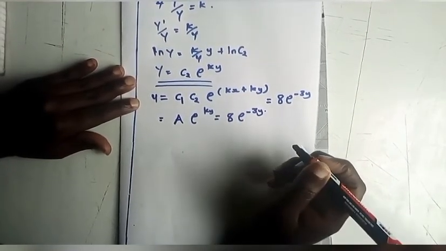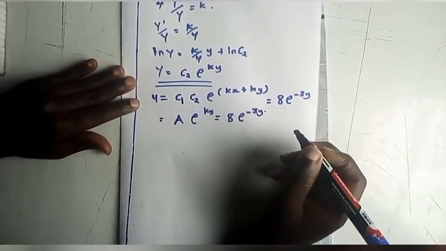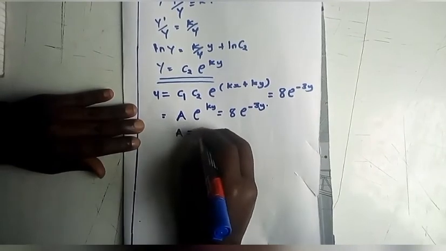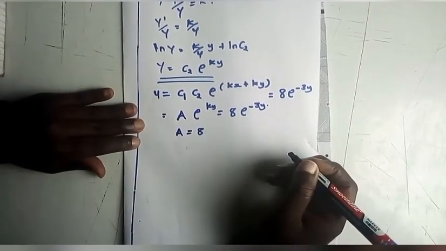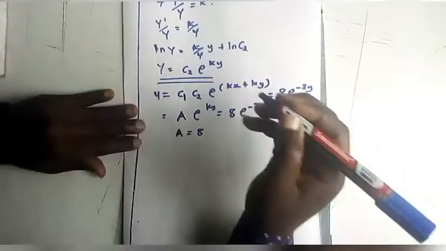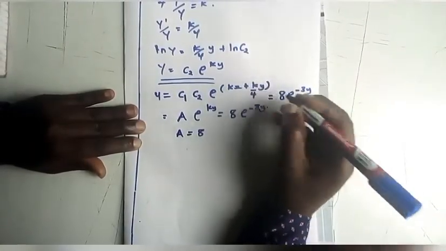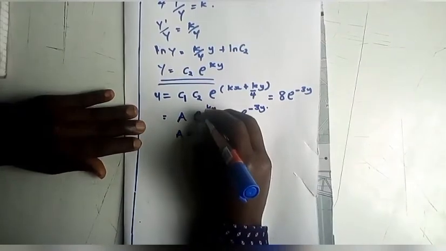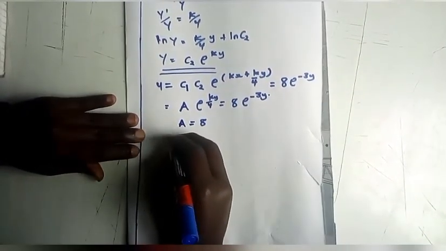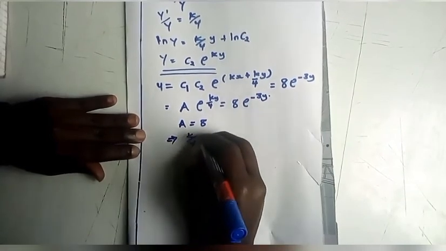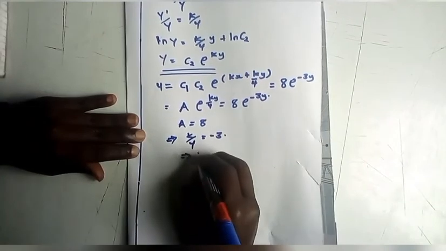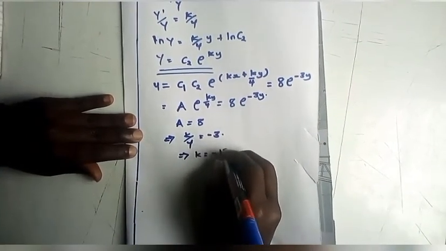Okay, and so from this equation you can realize that our constant a is just equal to 8. Plus we had another k over 4 here, so we just have to include the k over 4 here. Okay, and this implies that k over 4 is equal to negative 3. Okay, and this implies that our k is equal to negative 12.